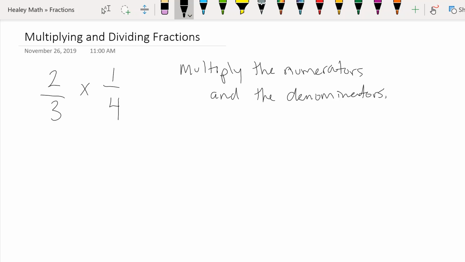Let's take a look. 2 over 3 times 1 over 4. We can write this as 2 times 1 divided by 3 times 4. That equals 2 over 12. And we always look to simplify.